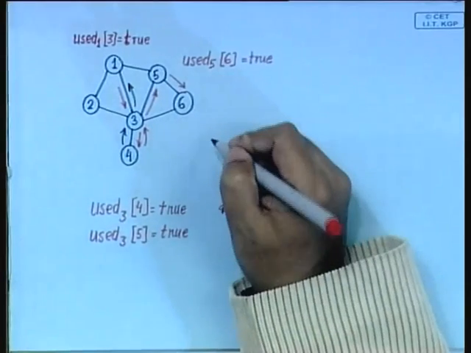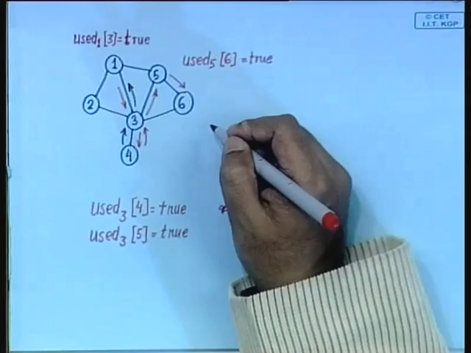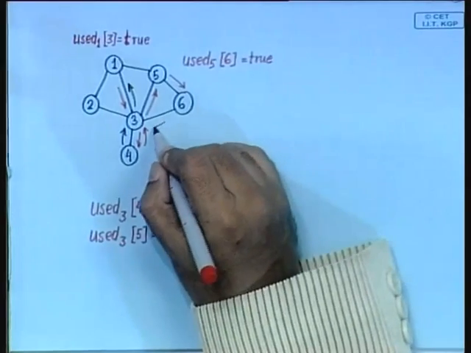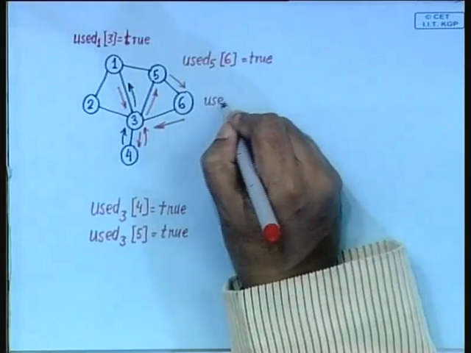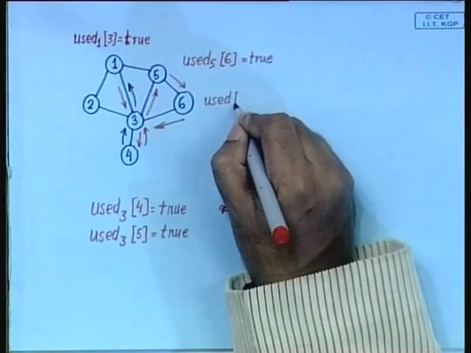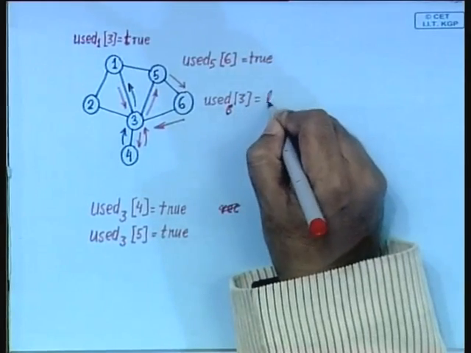Now, what will 6 do? It will see that it has only one neighbor. So, it will send the token here, and it will set used 6 3 to true.